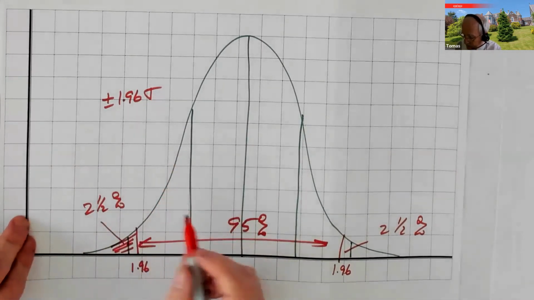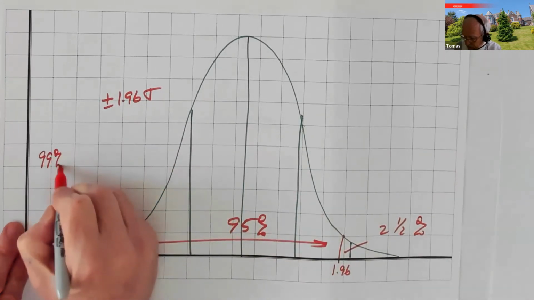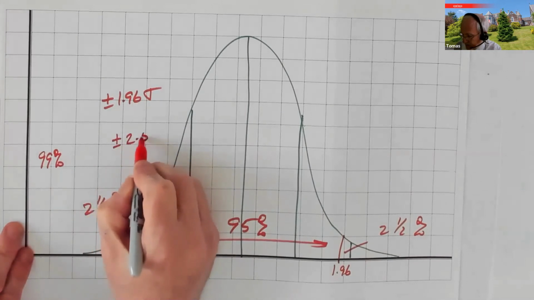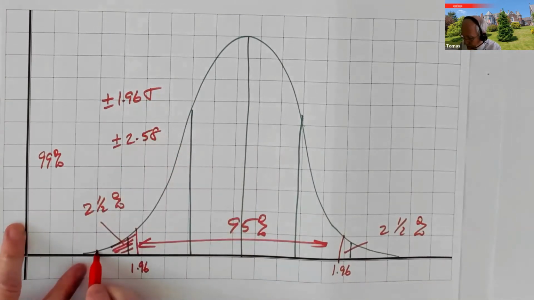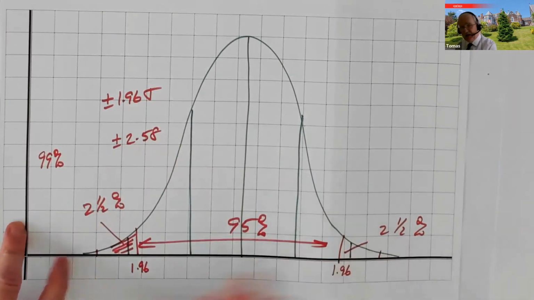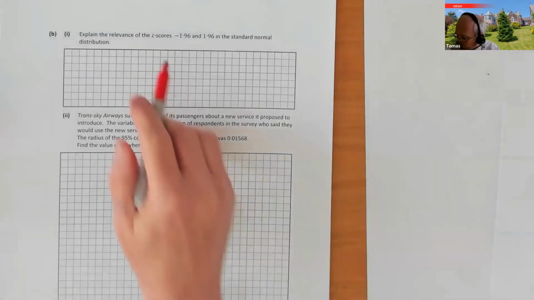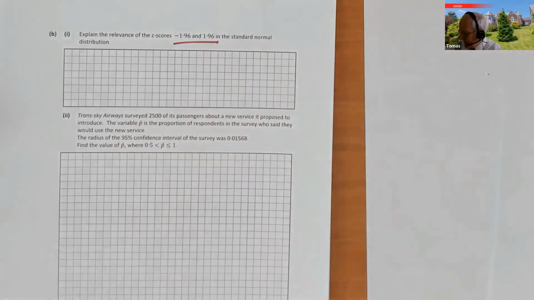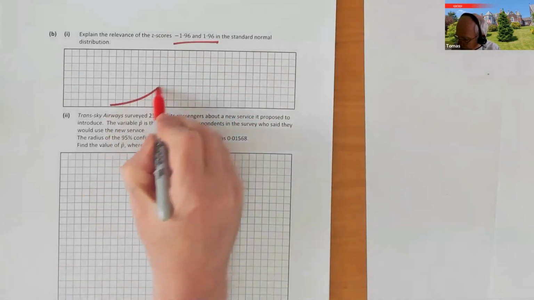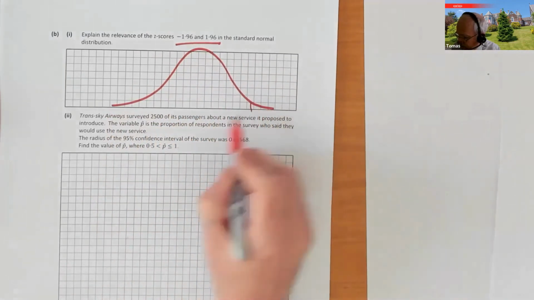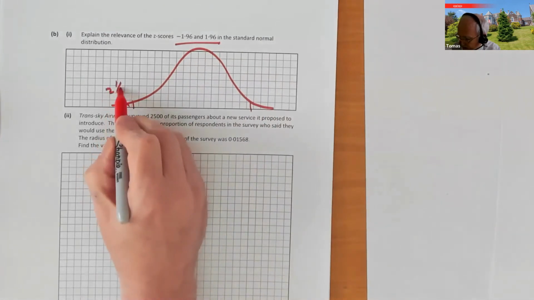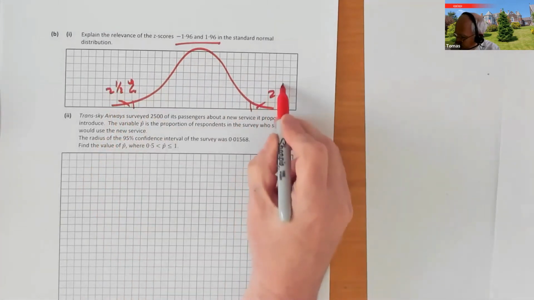If you want it to go down to 99%, it's plus or minus 2.58. You have to go all the way down to about here on both sides, just to leave 1% on both sides. Okay, explain the relevance of the scores 1.96 and minus 1.96. So you really just have to explain that they're interesting because they leave 2.5% here and 2.5% here.